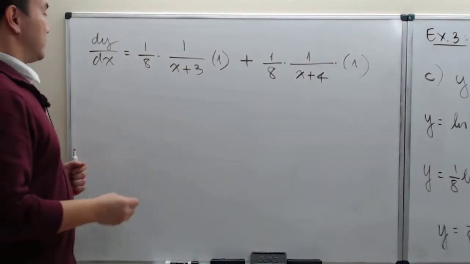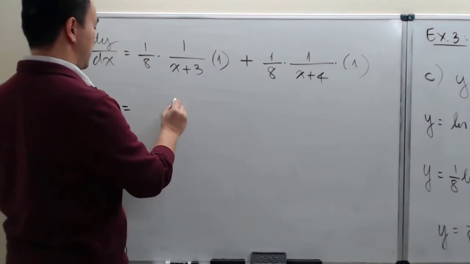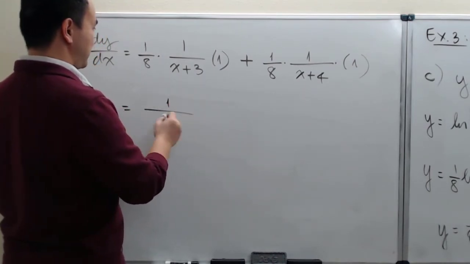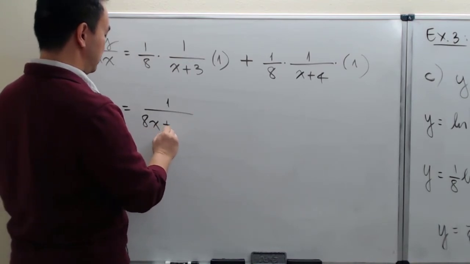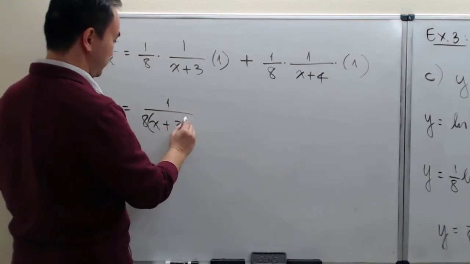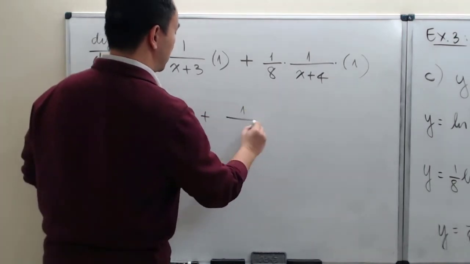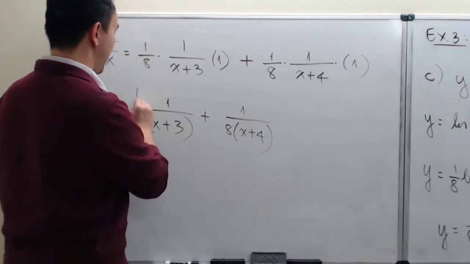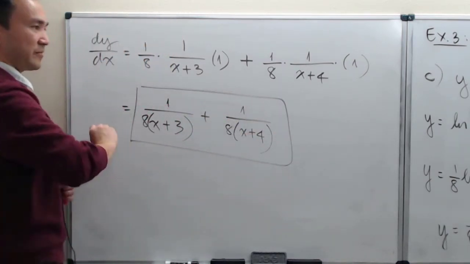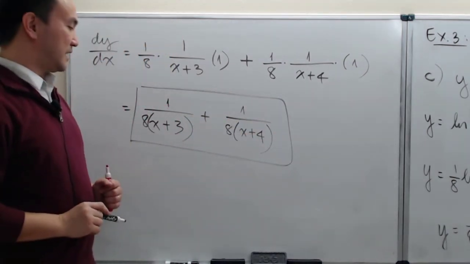Now that is in one fraction for the first term: 1 over 8 times (x plus 3), plus 1 over 8 times (x plus 4), and that is how we've got our derivative for that function.